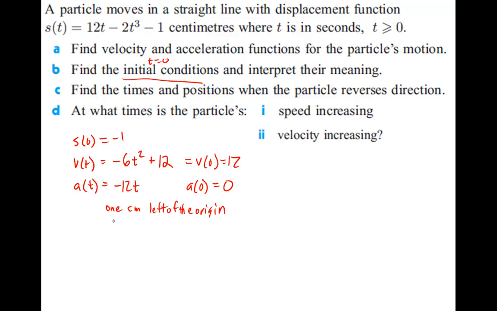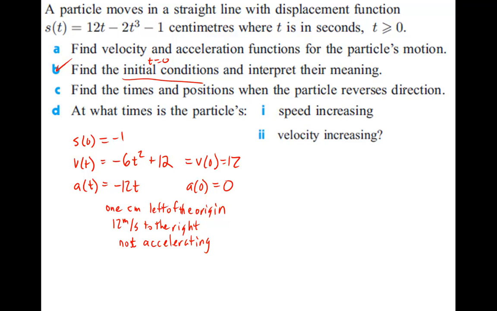I am moving at a velocity of 12 meters per second to the right, and the acceleration is 0, so not accelerating. All right, so there you go. There's letter B.